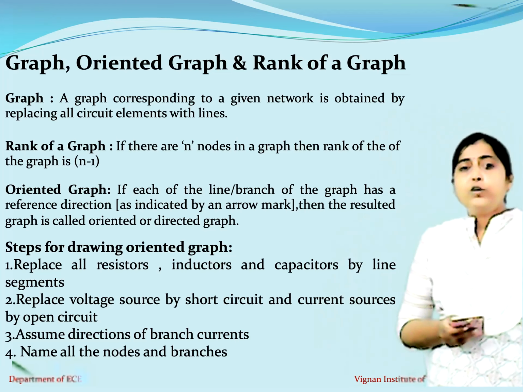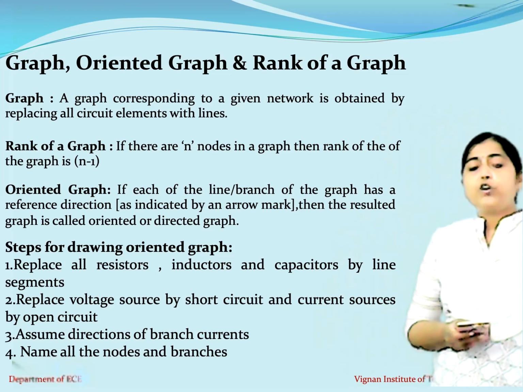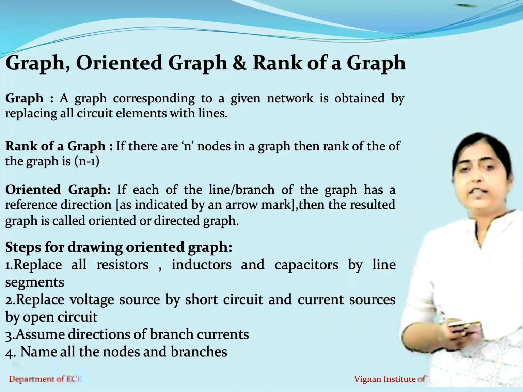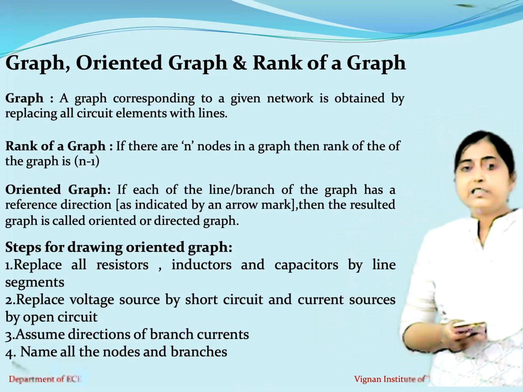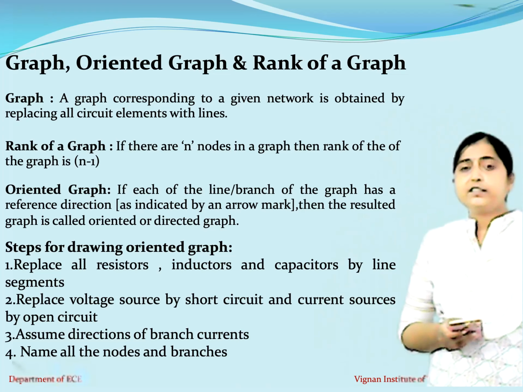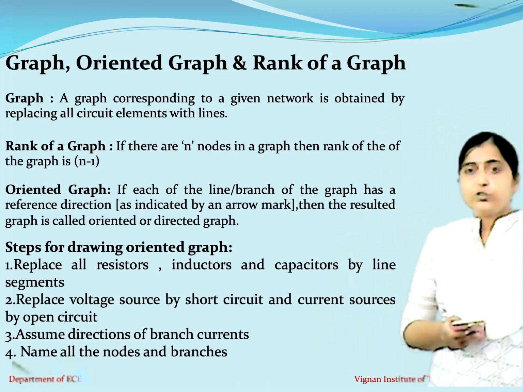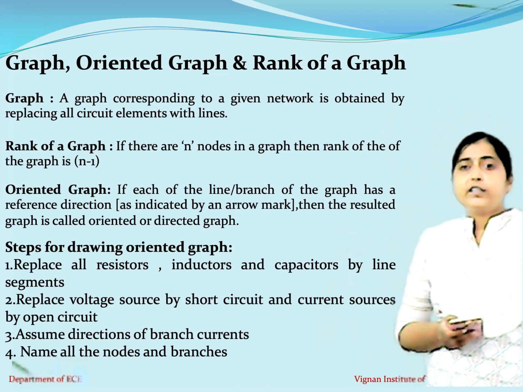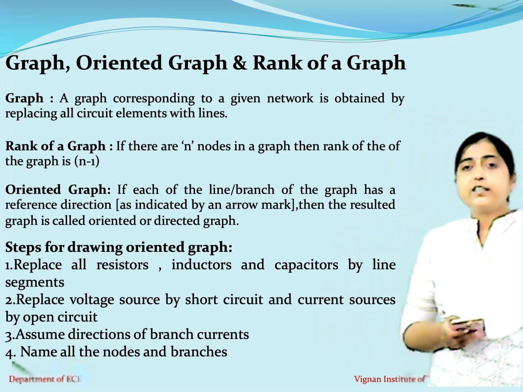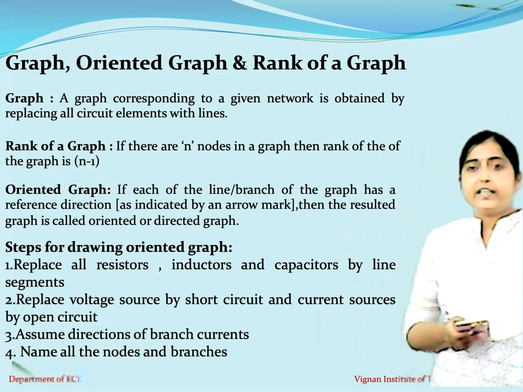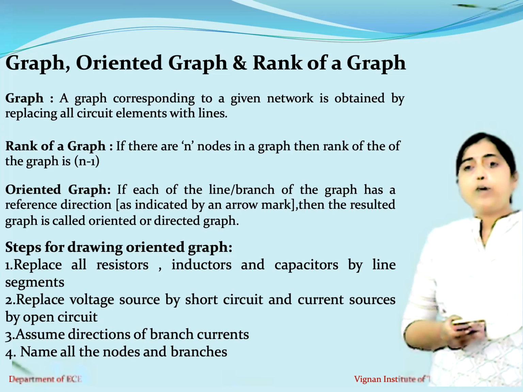So what are the steps involved in drawing the oriented graph? The first step is to replace, please listen carefully, all the resistors, inductors and capacitors by line segments. In a given network, you have to see what different types of elements are connected. It's not compulsory that every circuit has a combination of resistor, inductor and capacitor.